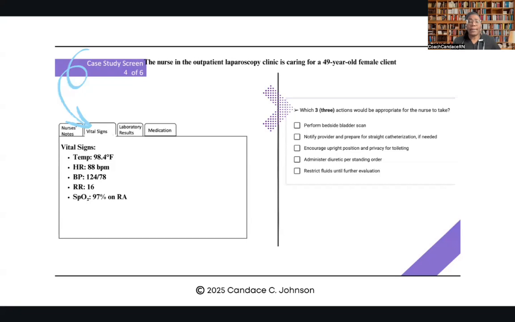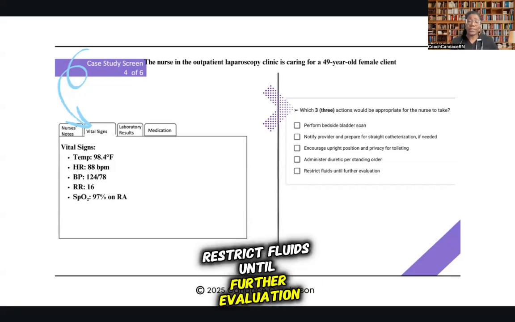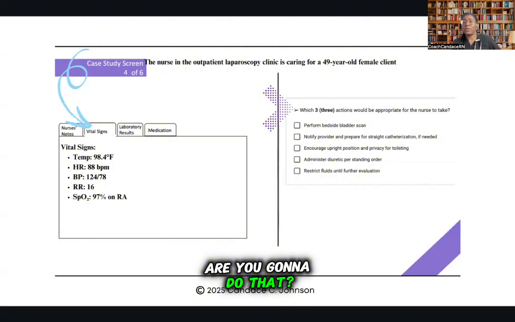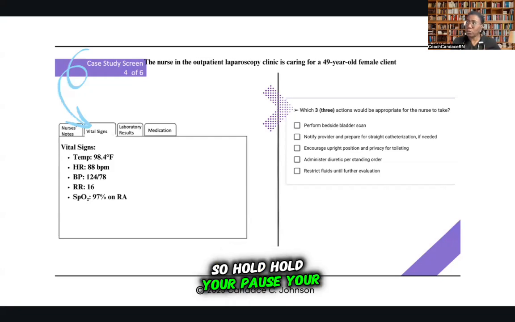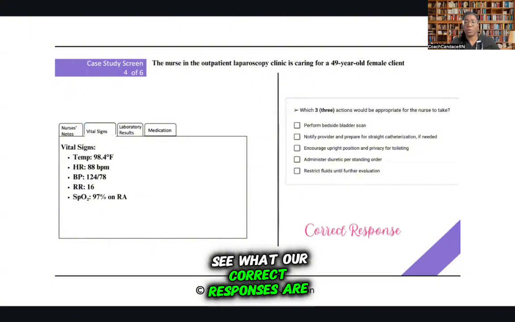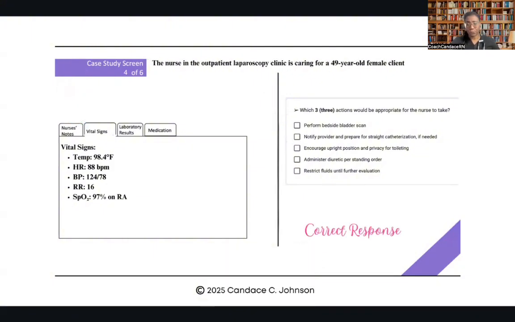All right. And then the fifth choice is restrict fluids until further evaluation. Are you going to do that? All right. Those are your choices. Now, I'll give you a moment if you still need it, but I am going to go ahead. So pause your screen if you need to. All right. Otherwise, we're going to move on and see what our correct responses are.